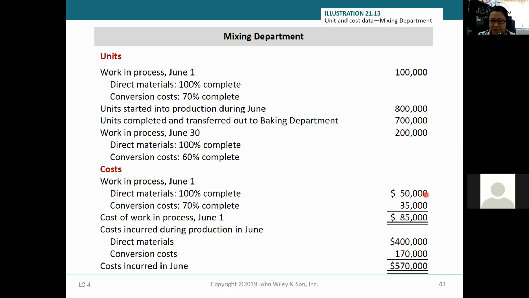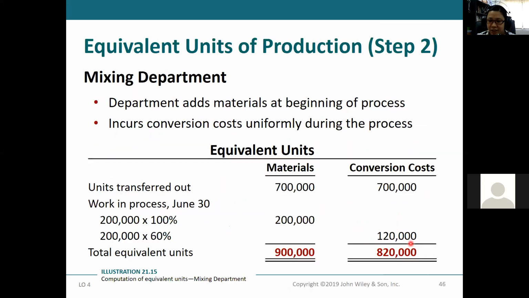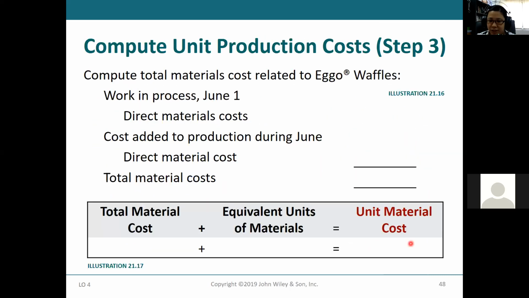So 50,000 is the direct material at the beginning plus 400,000 direct material that I use in June. How much is my total material cost? 450,000. So beginning I have 50 plus during June I use 400.